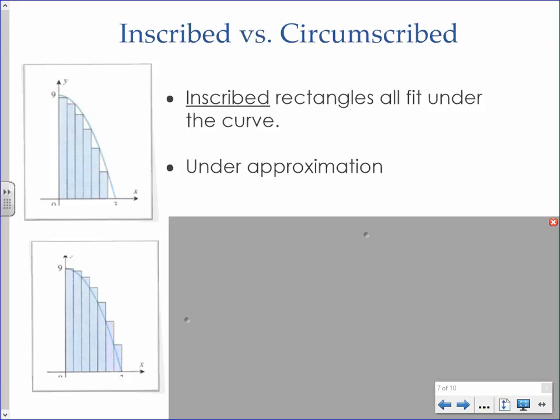Since in our example we had an increasing piece of our function, that is when the left will be inscribed and give us the under approximation. So it's going to depend on if your curve is increasing or decreasing where you're finding your area.